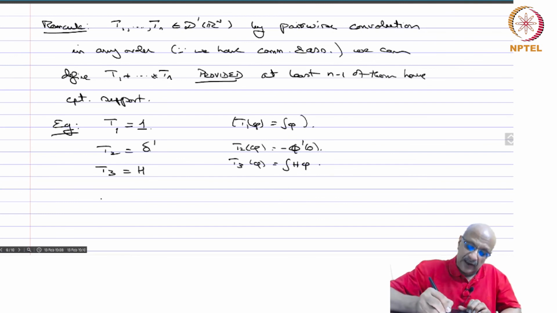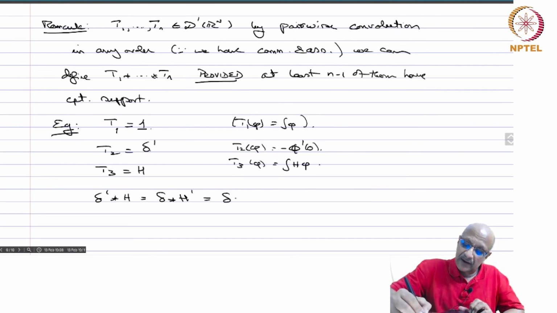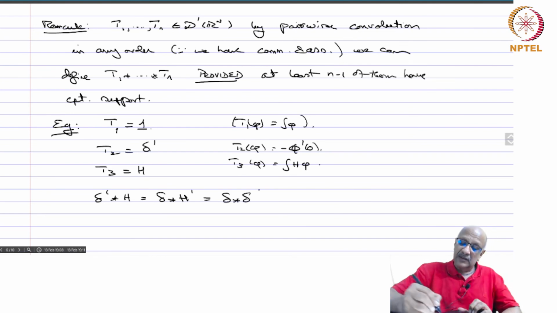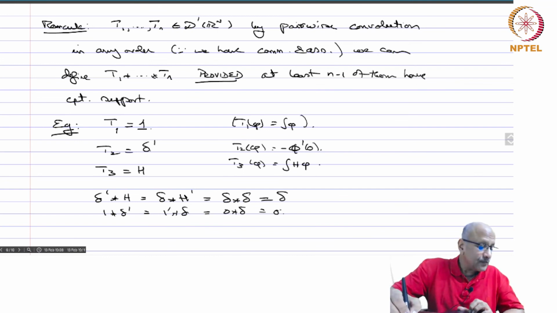So, let us take delta prime star h. This is equal to delta star h prime, but h prime is delta. We have seen this, the distribution derivative of the Heaviside is the Dirac, and so that gives you delta. Now, 1 star delta prime is 1 prime star delta. So, you have a constant function whose distribution derivative is 0, that is 0 star delta, and that will give you just 0.